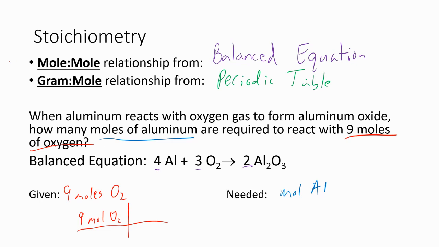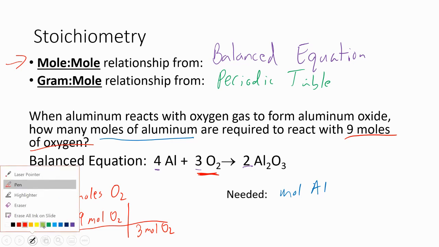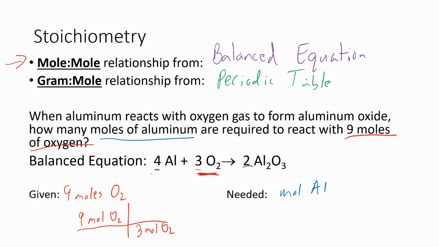Well, mole to mole comes from the balanced equation. So I need this 3 for the oxygen, and I need this 2, or I'm sorry, 4 for the aluminum, because that's where I'm going. And that's it. Moles cancels.